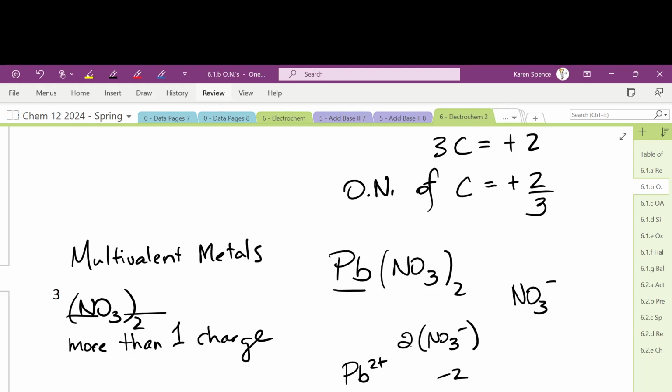Okay. 5.1 yes. Well, don't forget about pages 20, 21.